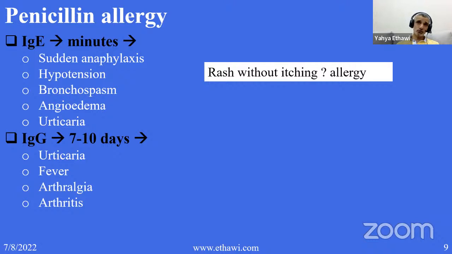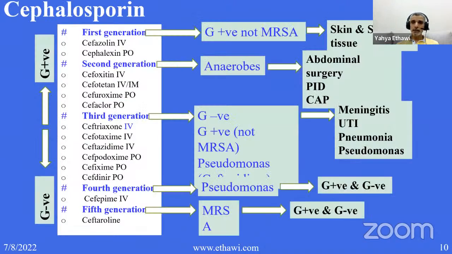So when you say allergy, is it immunoglobulin E or immunoglobulin G mediated? Very important. If it's neither, then it's a rash and itching due to a side effect of the drug by a mechanism other than allergy. Now, immunoglobulin G is late, so it can present with urticaria, fever, arthralgia, arthritis, like serum sickness.